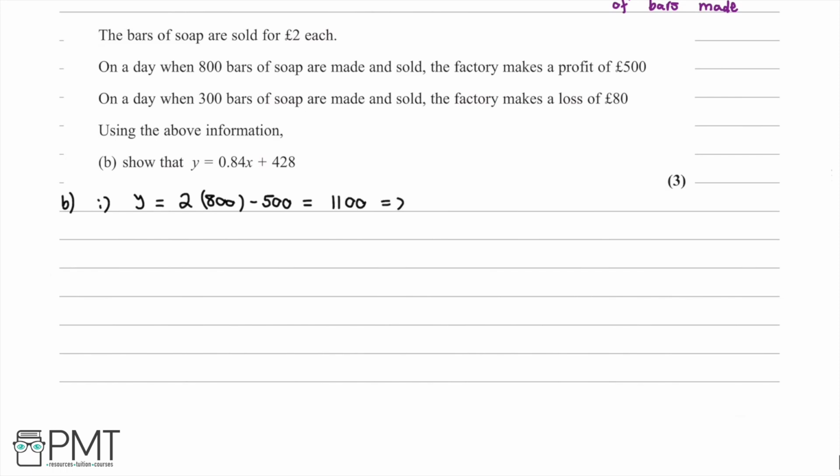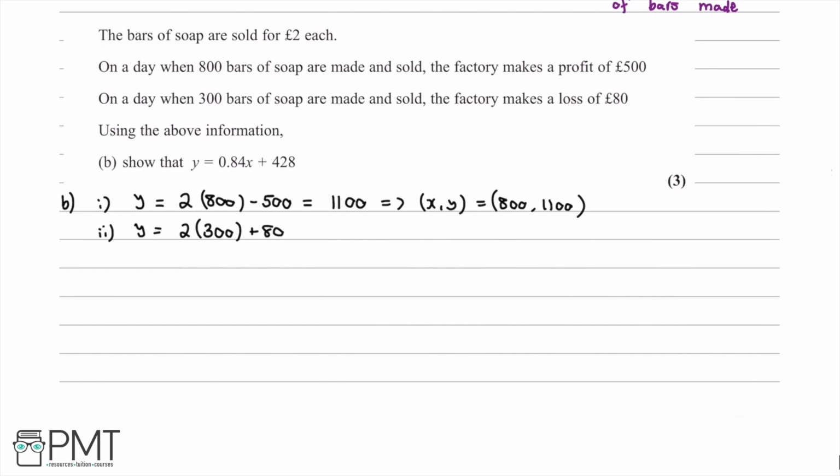So this means that we now have an x coordinate and its corresponding y coordinate. So just write this like this, x, y is going to be equal to 800 and then 1100. And then doing this for our second piece of information here, just doing the same thing, we have each bar of soap is sold at £2, we have 300, and we can work out the total cost by this time adding on the loss, since it's obviously a negative, so we therefore add it on.